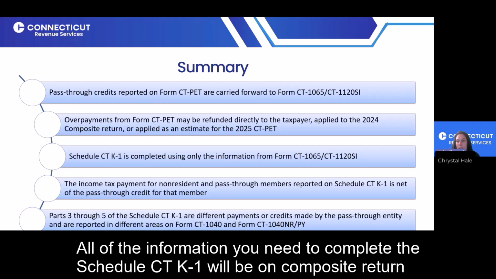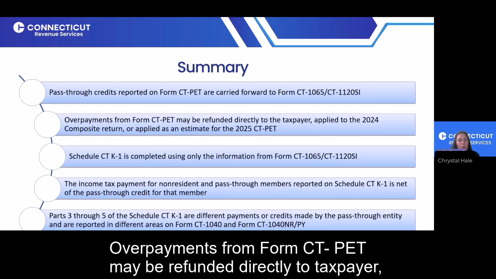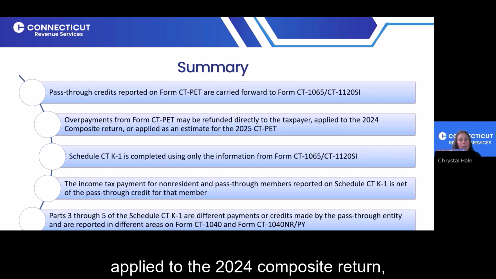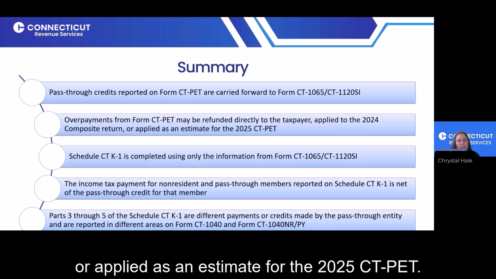All of the information that you need to complete the Schedule CTK1 will be on the composite return. Overpayments from Form CTPET may be refunded directly to the taxpayer, applied to the 2024 composite return, or applied as an estimate for the 2025 CTPET.